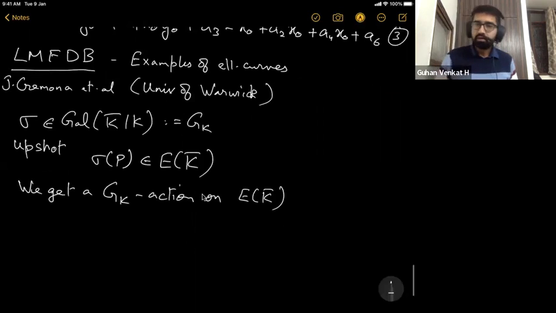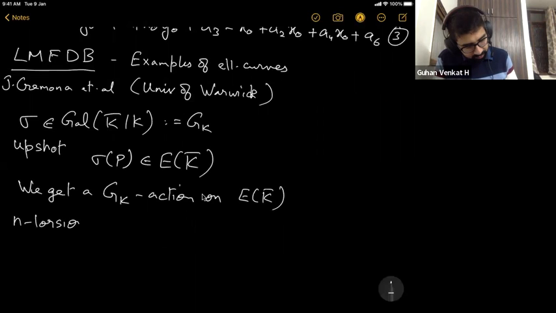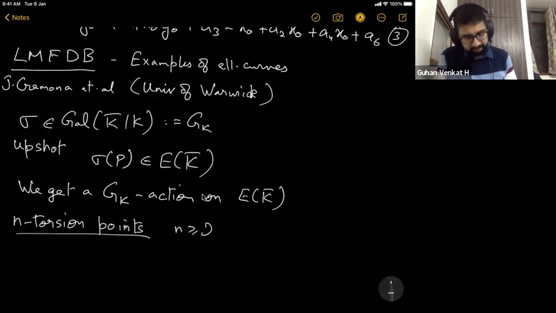There is an interesting subgroup, which came up before also in Suri's talk: the n-torsion points on this elliptic curve. For now, let n be greater than or equal to 2.